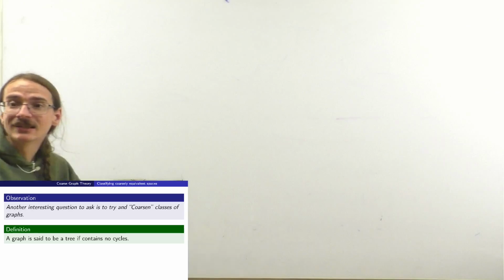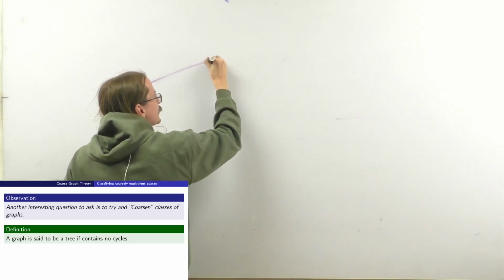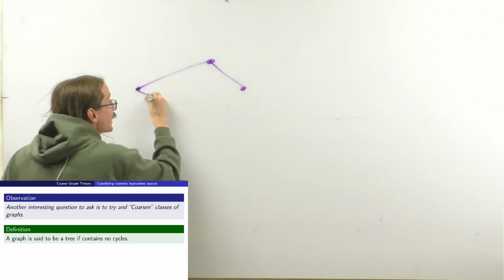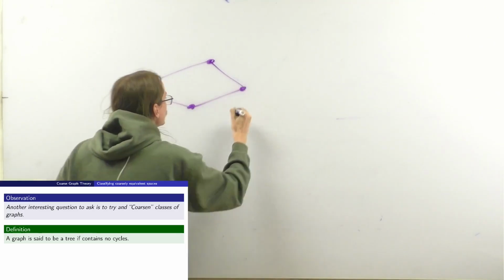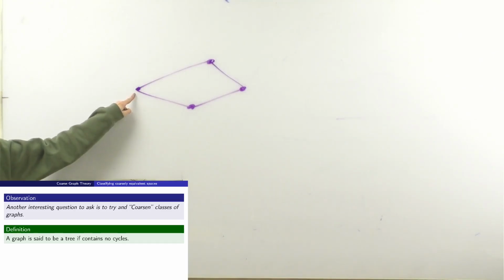What is a cycle in a graph? Well, first level analysis, I think I gave you the definition earlier: a cycle is a path that starts and ends at the same point. We're going to change that definition a little bit to make it easier to coarsen.